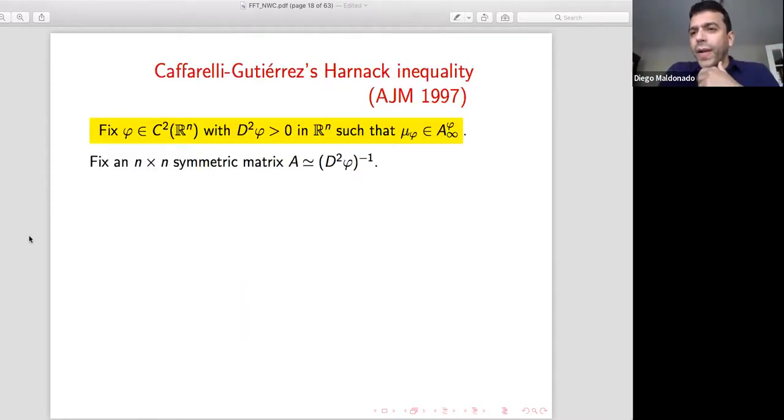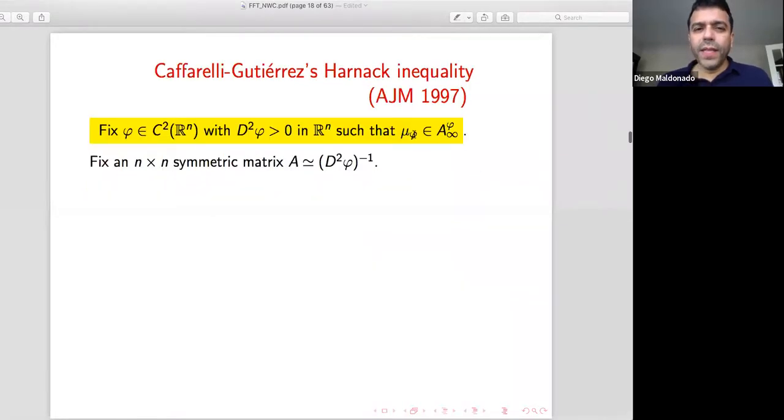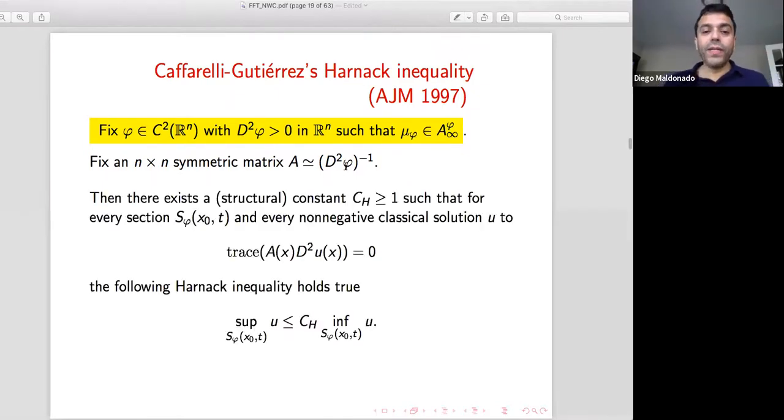So here comes a groundbreaking result from the 90s by Caffarelli and Gutierrez that says that, all right, if you have that your phi is C2, that the Hessian is positive everywhere, and that the measure has this nice property, it's a very mild condition, then you give me any matrix A comparable to the Hessian inverse, and then you have the Harnack, so every non-negative solution will have the Harnack inequality.